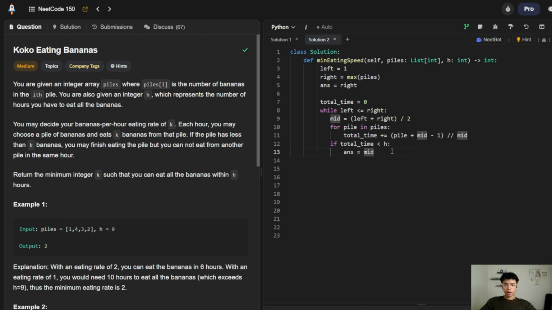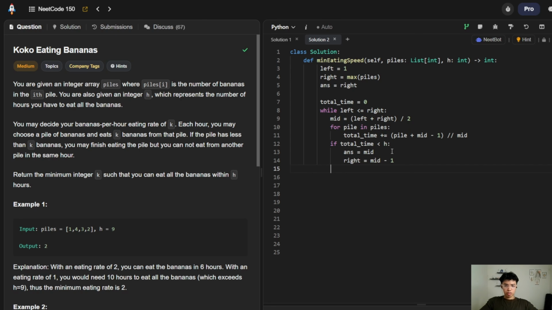Because we want to find the smallest rate for Koko, we are going to lower the upper boundary, right equals mid minus 1.